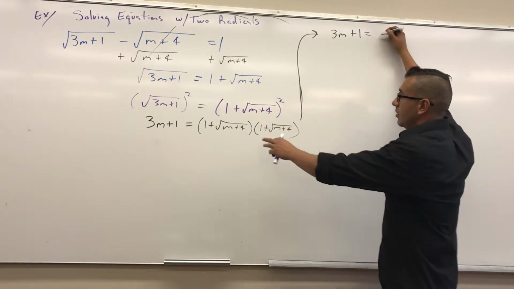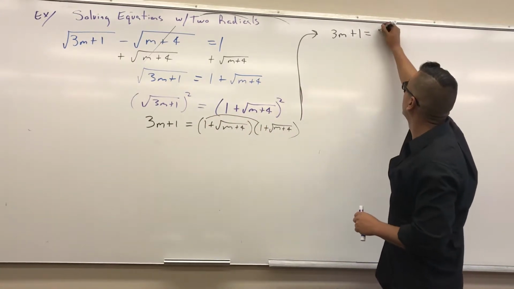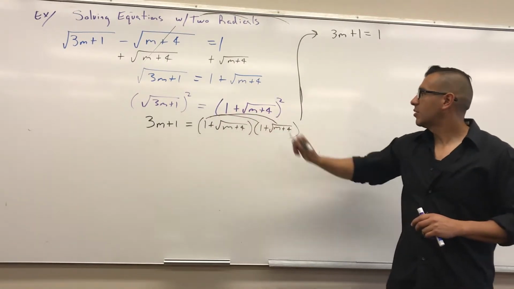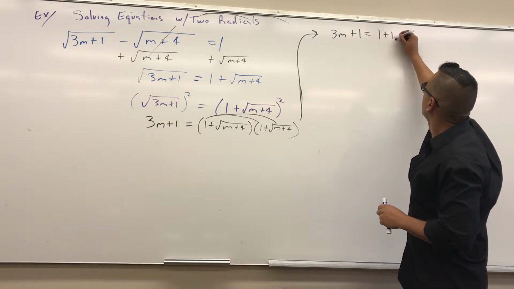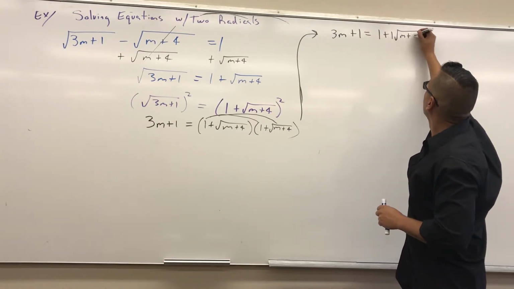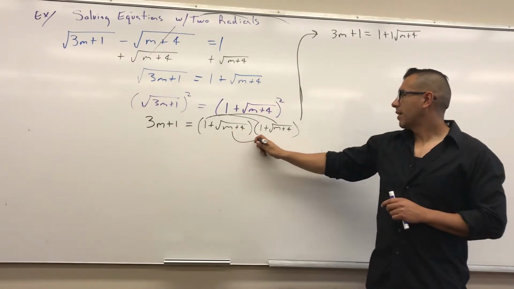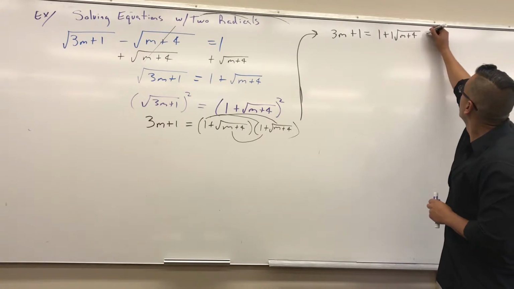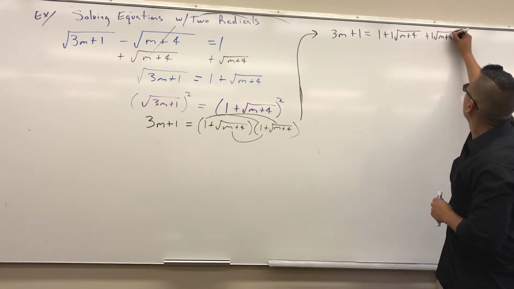All right. So I FOIL this. So I get 1 times 1. Bam. 1. Then I get 1 times the square root of m plus 4. So I get 1 square root of m plus 4. And then I multiply the square root of m plus 4 times 1. So I get plus 1 square root of m plus 4.